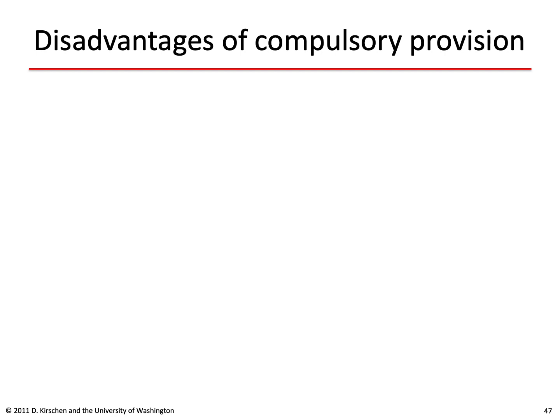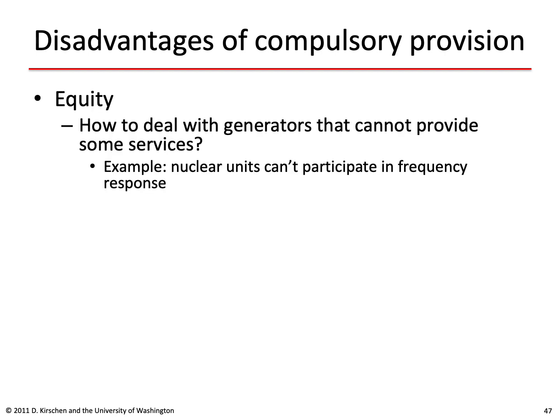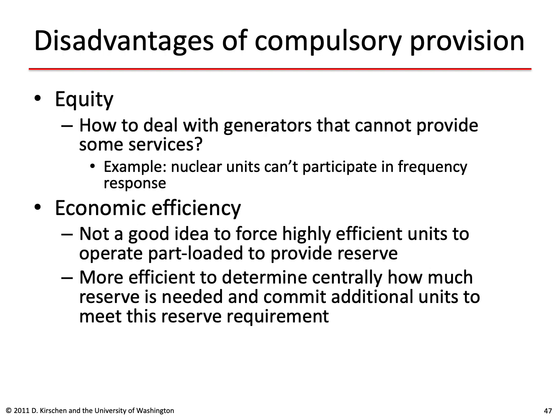There are other disadvantages. For example, there's a problem with equity. How do we deal with generators that simply cannot provide some services? For example, nuclear units are not particularly good at frequency response and probably shouldn't be asked to contribute to frequency response. And there are also issues of economic efficiency. It's not a good idea to force highly efficient units to operate part loaded to provide reserve.